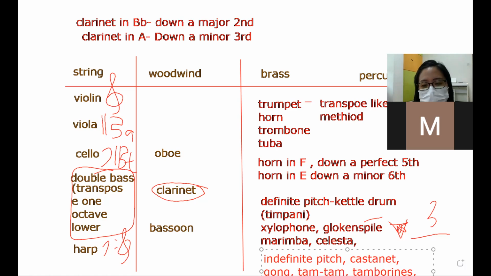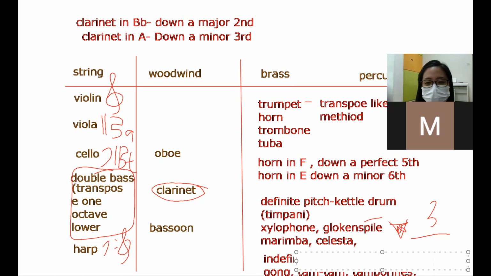The below part after tambourine, I also cannot scroll down. Let me see if I can go down. You can try to do it, but I'm not sure whether you know how. What do I write below? Do you know? Indefinite pitch: I have castanet, gong, tam tam, tambourine, and who else? Triangle, Megan.